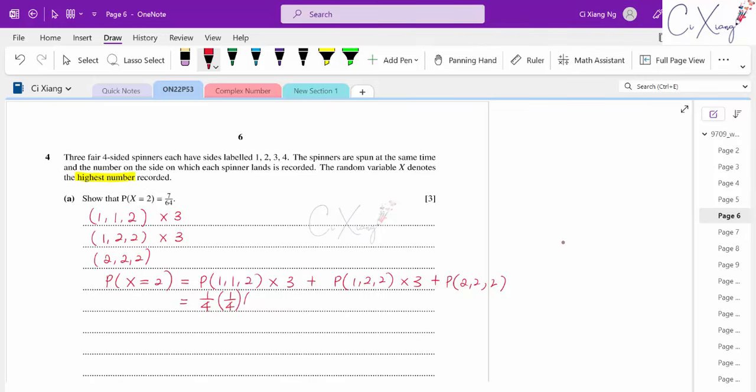To get the 2, it will be 1 over 4, because it is a fair four-sided spinner. So each possible score for every single spinner is 1 over 4, and I multiply by 3. Same thing for the second case: 1 over 4, 1 over 4, 1 over 4, multiplied by 3. After that, for 2, 2, 2, it is 1 over 4 multiplied by 1 over 4 multiplied by 1 over 4. If I simplify all the answers here, by right we should get 7 over 64.